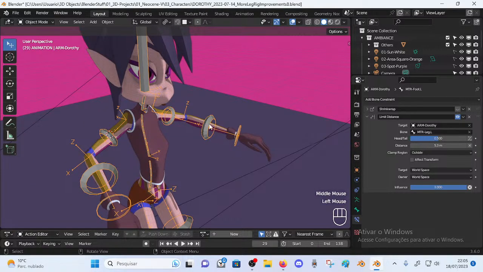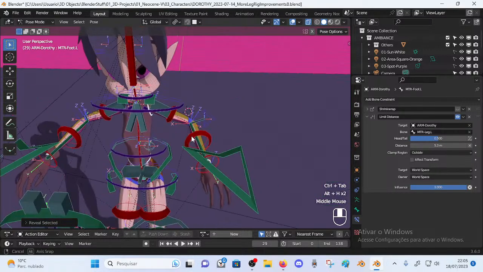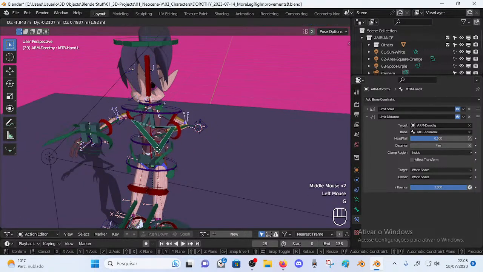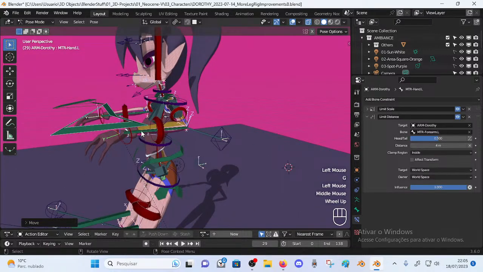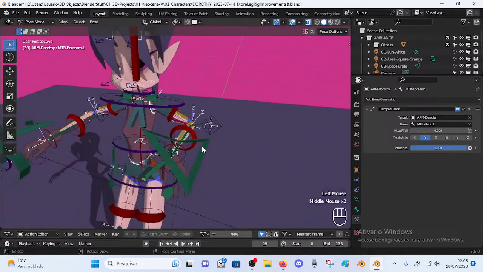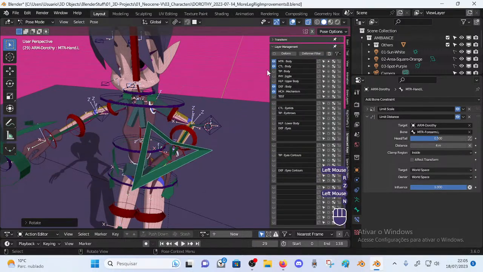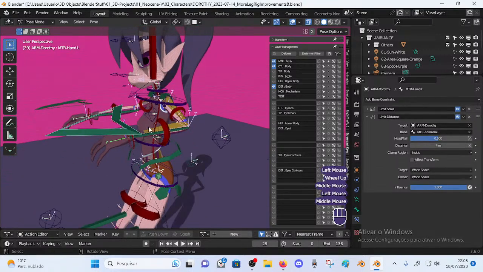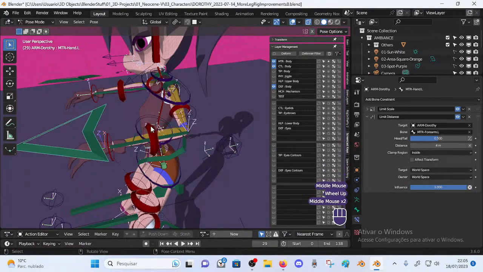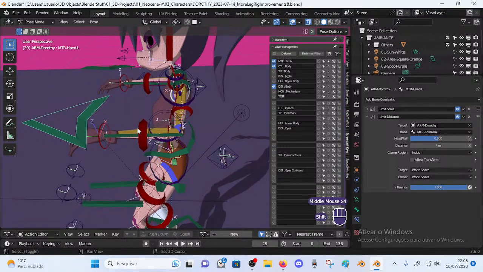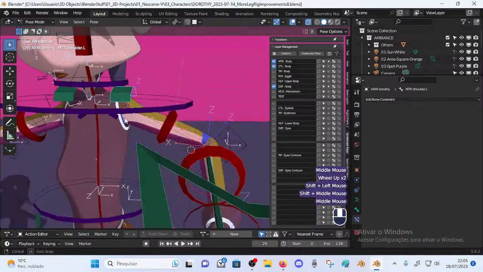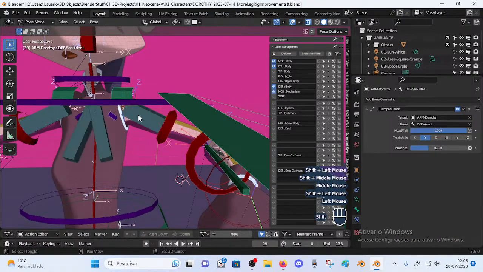So let's see the arm rig. The arm rig is much more elegant, and I've been working on it for a longer time. Currently there are some issues with the elbow and the skinning, but let's show also a little of this.